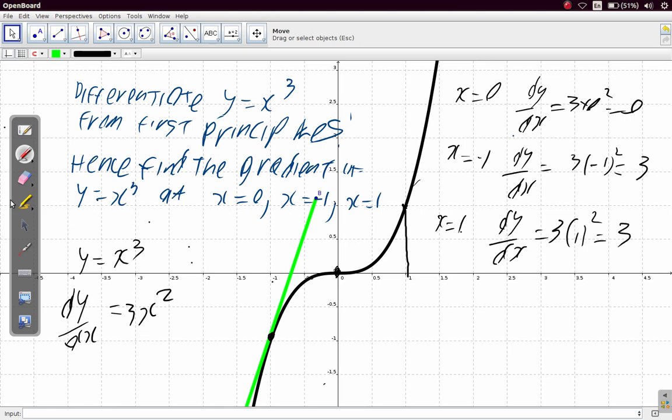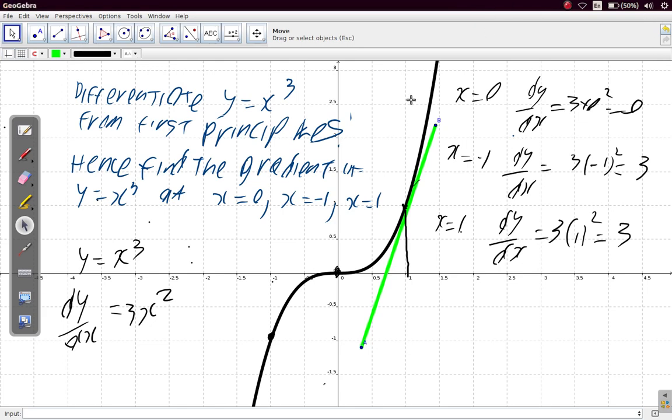So the same thing happens here. The gradient would also be 3 at that point. So here we find the gradient at negative 1 and 1 being equal to 3.